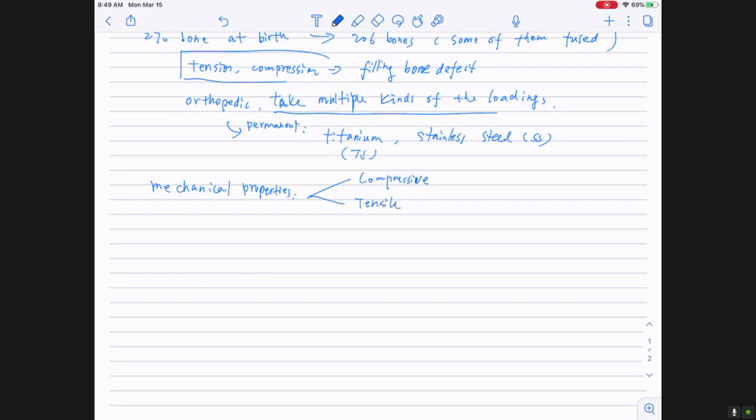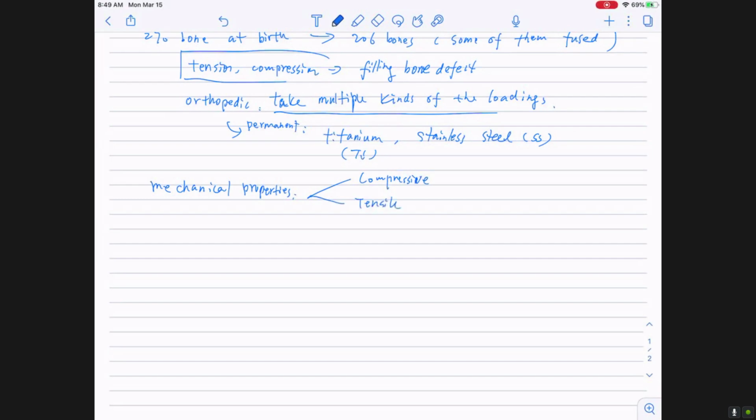Elastic modulus. Those should not be implanted next to the host bone.